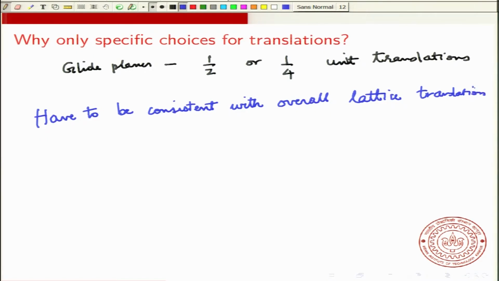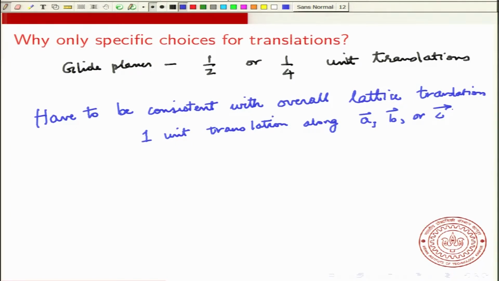That means if you translate by 1 unit along any of the axes A, B or C, it should give you a completely identical structure.